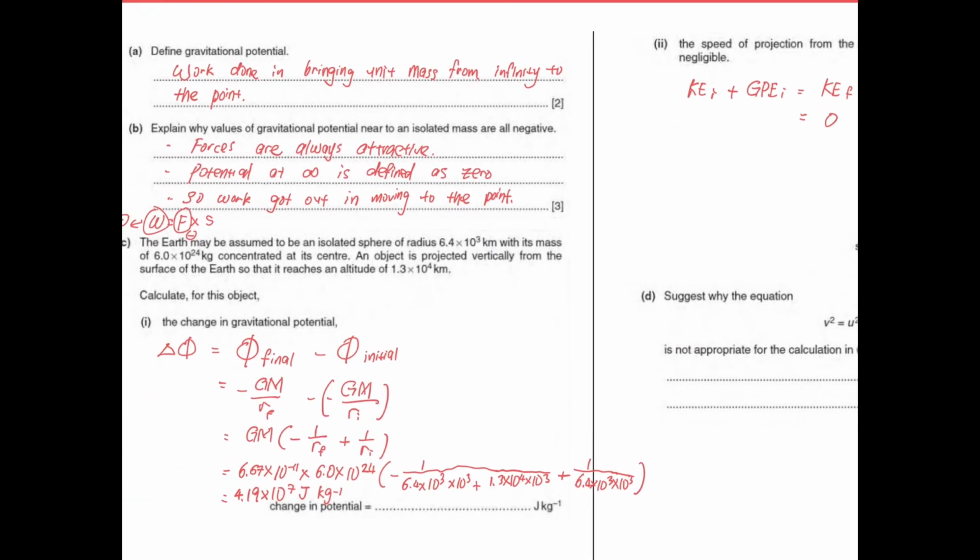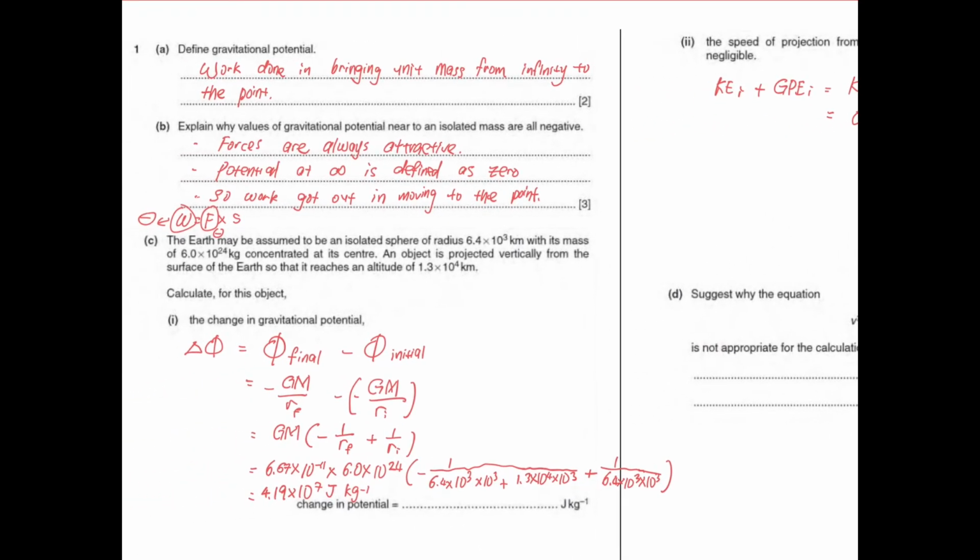The object is not launched to infinity. The object is launched to a place which is not too far away, just 1.3 times 10 to the power of 4 only. It is not infinity, so we can't assume that to be 0.